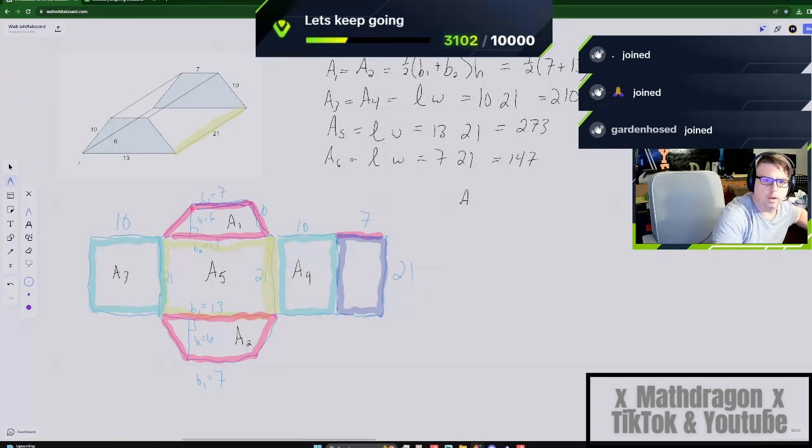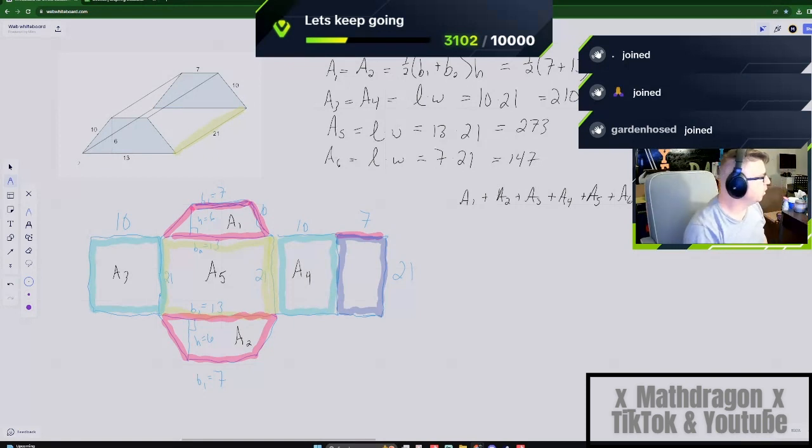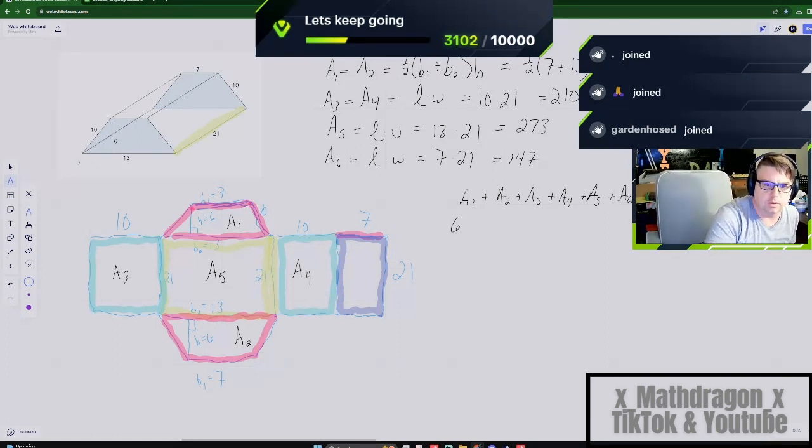And then we're going to do A1 plus A2 plus A3 plus A4 plus A5 plus A6 equals the surface area, because we need to add all of these together to get our surface area. So A1 and A2 are both 60. A3 and A4 are 210.